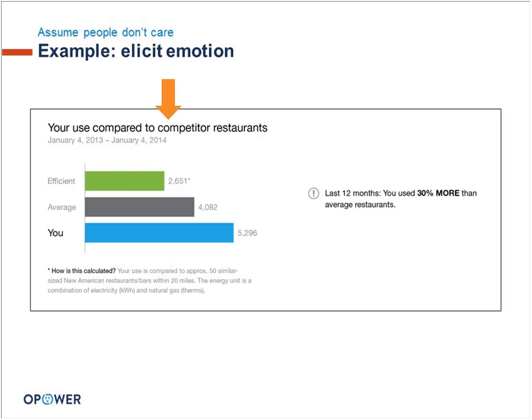What we found was that changing this one word, similar, to competitor had a big impact on eliciting emotion from people. In competitive markets, such as restaurants or retail, the word competitor itself is a marker and a shortcut to someone that they have to pay attention.